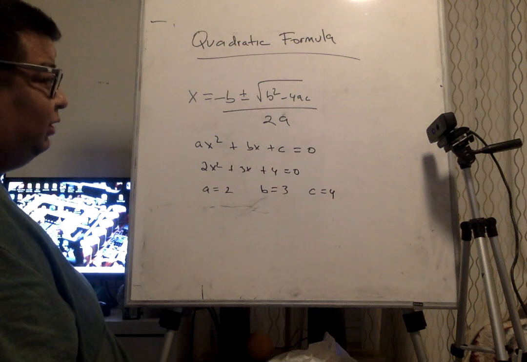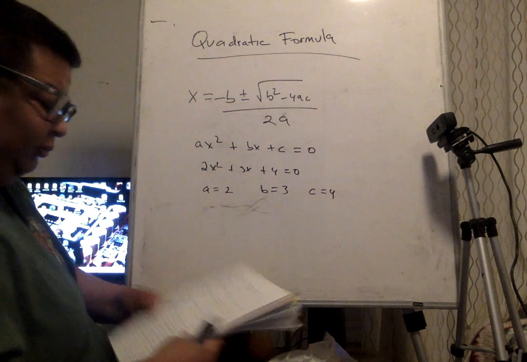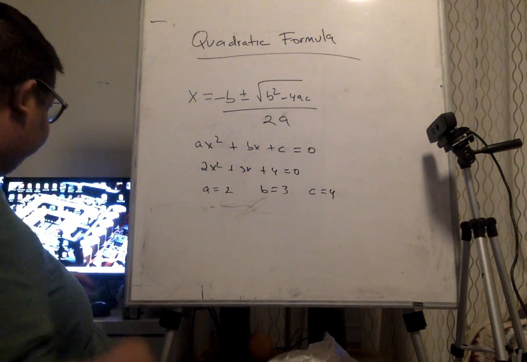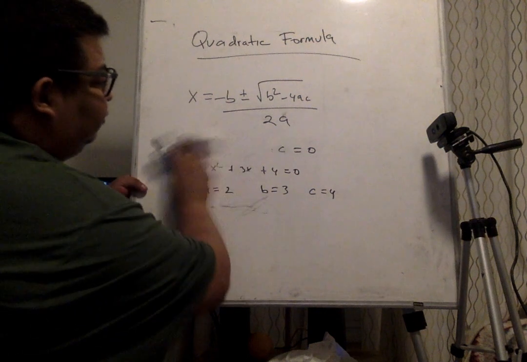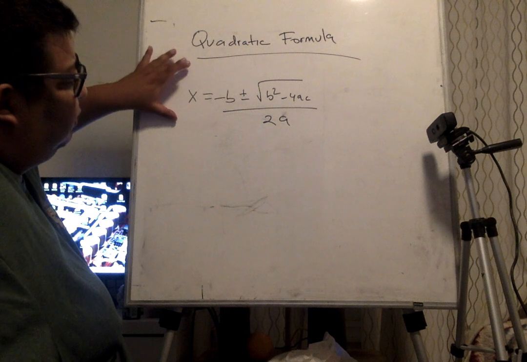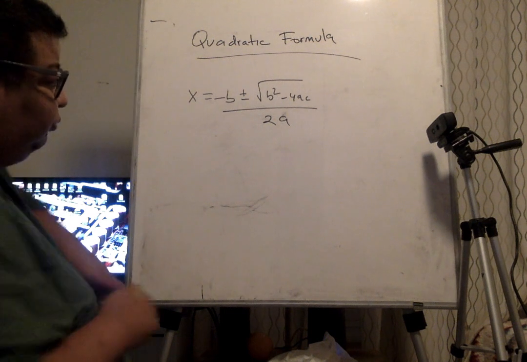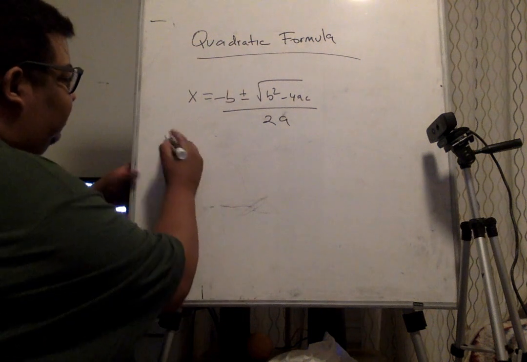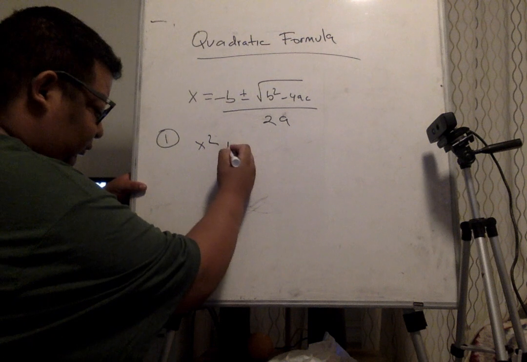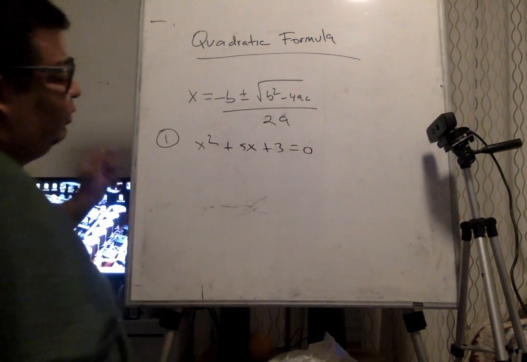So let's look at two examples. Remember, in these problems we're going to be using this formula. This formula is called the quadratic formula. Our first example says x squared plus 5x plus 3 equals 0.